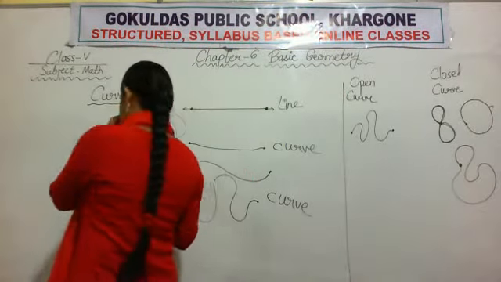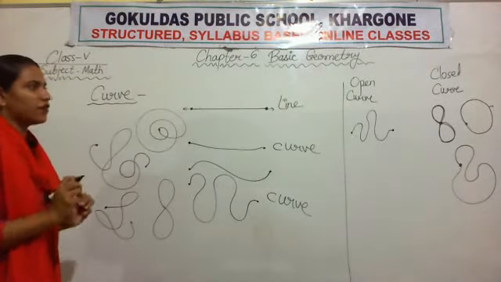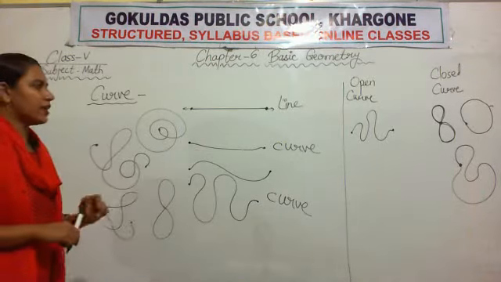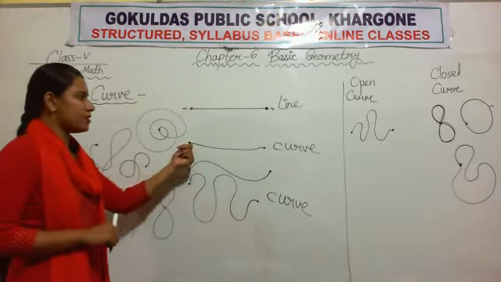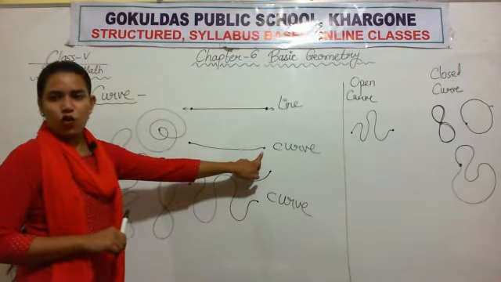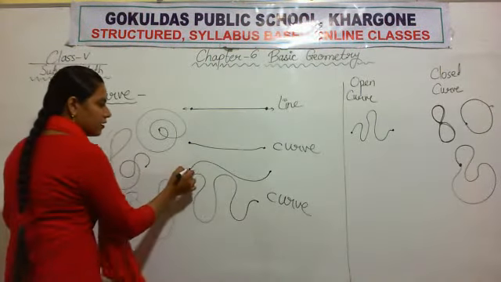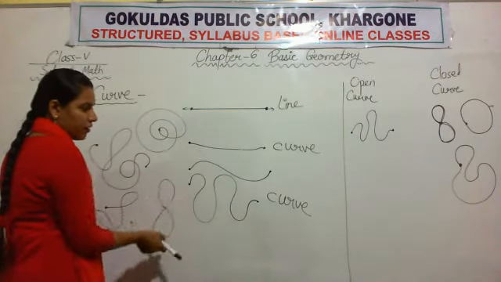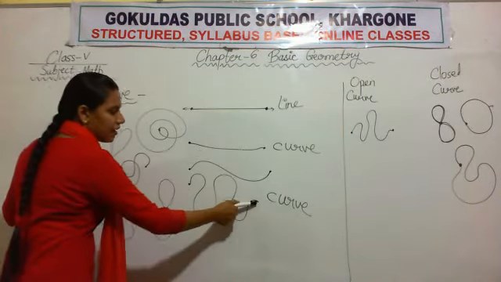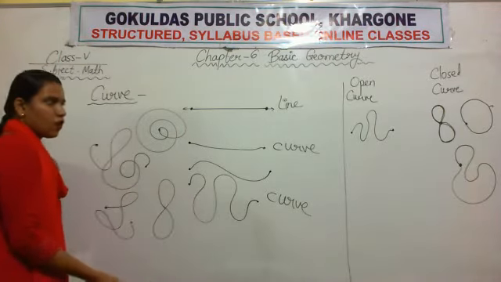Okay, now identify, I have drawn some curves here. Now identify, this curve is open or closed. It has a different starting and ending point, means it is an open curve. This curve, starting and ending point are both different, open curve. This curve, starting and ending point are different, means it is an open curve.